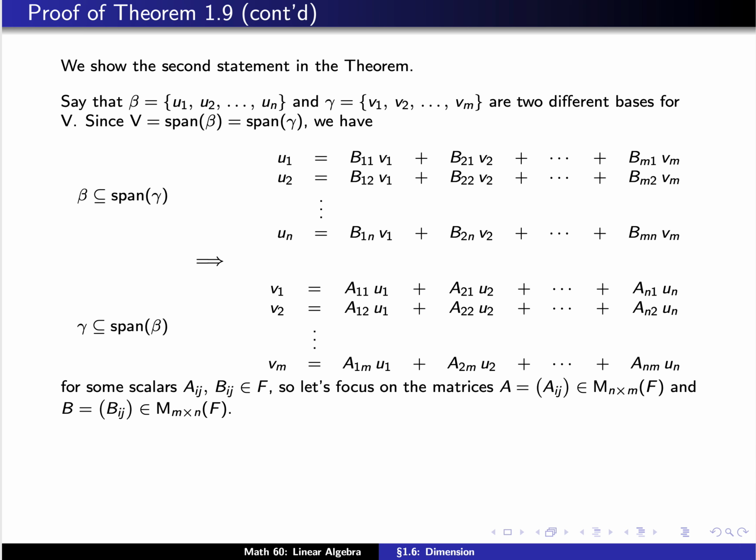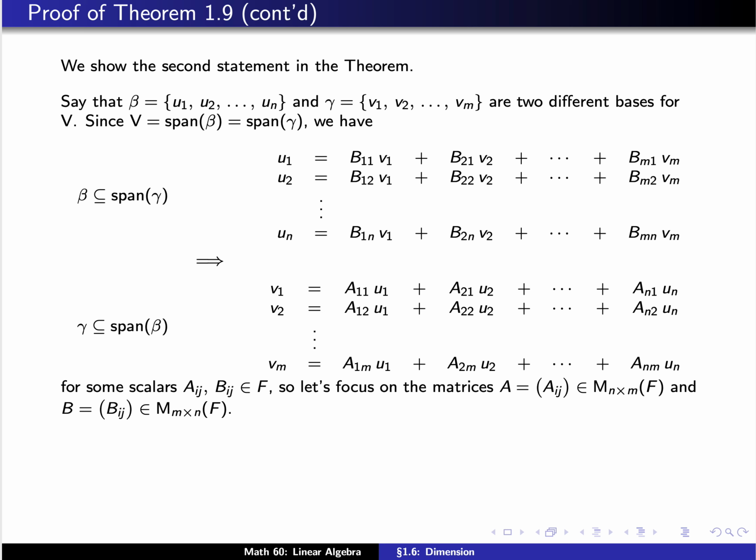If this is the case, then of course, since we know that the span of beta equals the span of gamma equals our vector space V, then we can express every element in beta as a linear combination of elements from gamma. Here's where you see u sub 1 we can write as b sub 1 1 times v1 plus b sub 2 1 times v2 plus up to b sub m 1 times vm, and so on with the other u's.